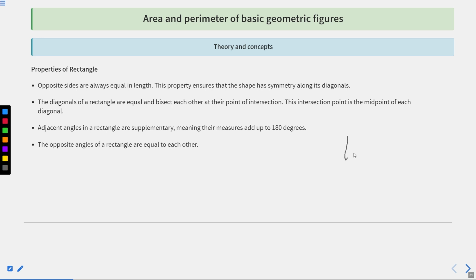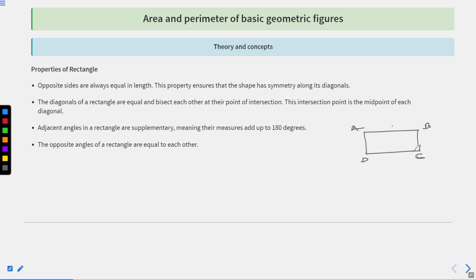So suppose this is your rectangle A, B, C and D, and I'm saying that these opposite lengths are equal.